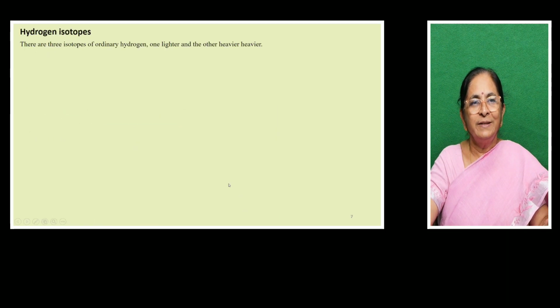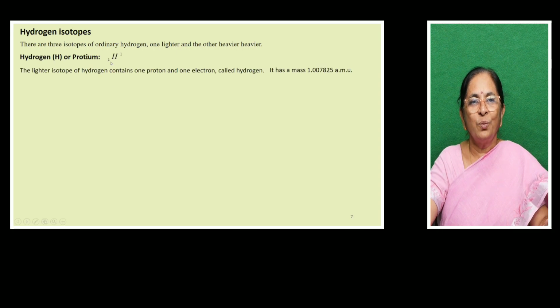So another example I have given, hydrogen has 3 isotopes. The first isotope contains one proton and one electron. It is the lightest isotope of hydrogen, called hydrogen. It has a mass of this much value. Then you have deuterium, the next isotope of hydrogen.